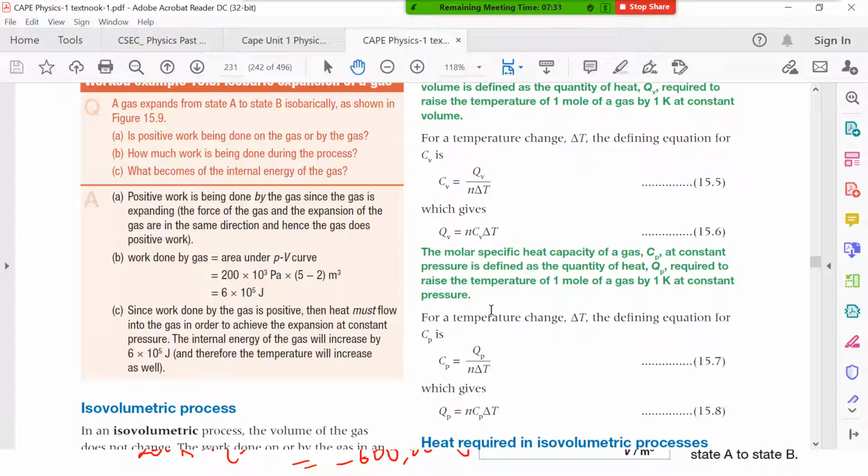So if I'm expanding my gas to that amount, from 5 centimeters cubed to 5 meters cubed, then the work that is done to expand the gas is equal to the heat that is added to the gas. So in a sense, our internal energy will be increased by the same amount as the work that was done.